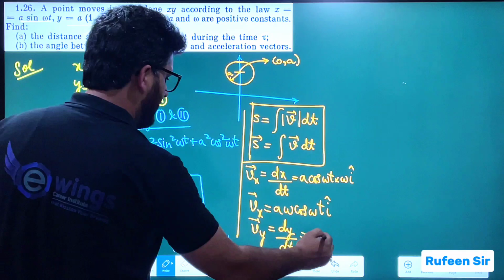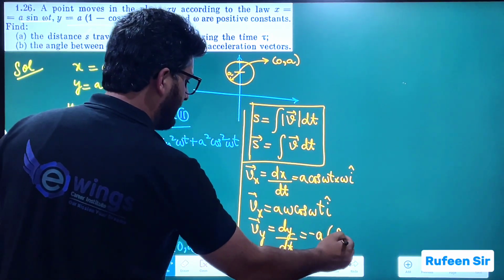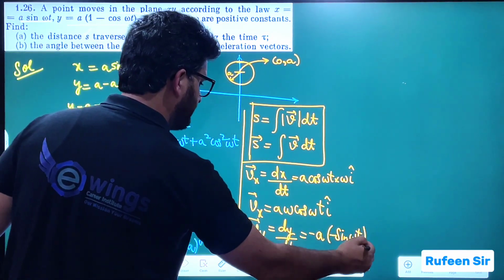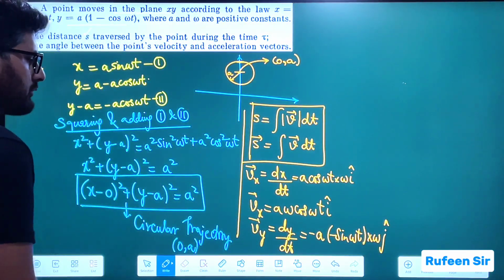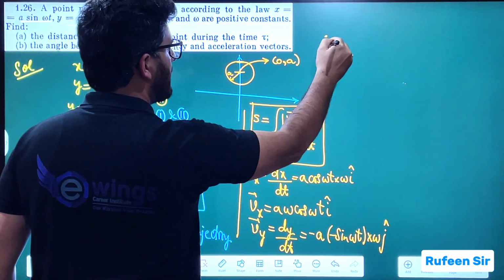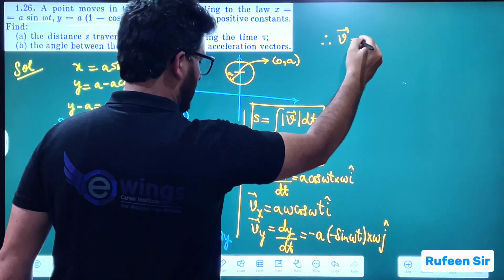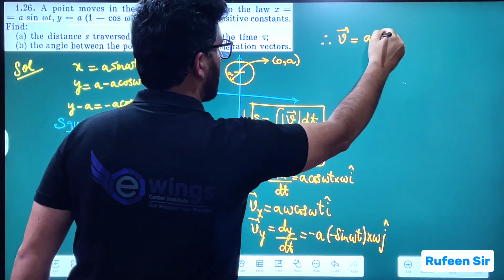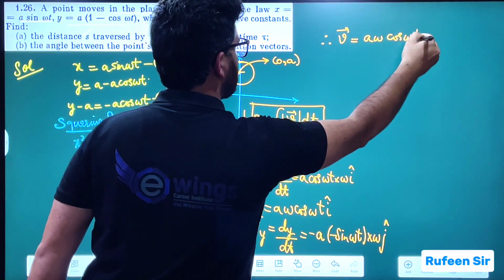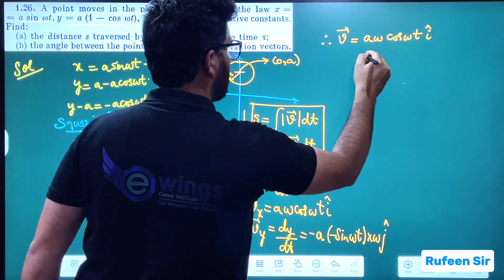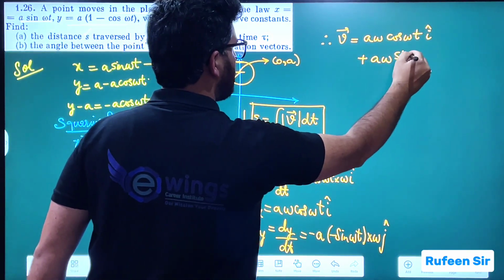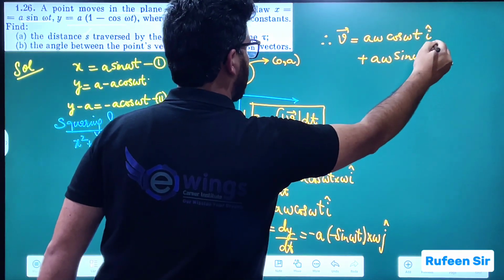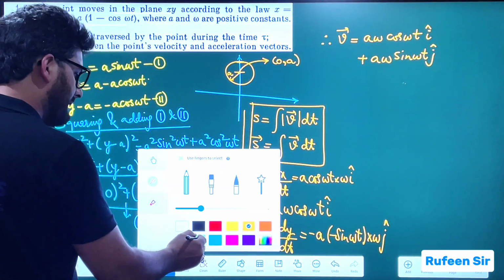It will be minus a cos omega t, whose derivative is minus sin omega t into omega, j cap. Therefore, what is the equation of velocity? The velocity vector will be a omega cos omega t i cap plus a omega sin omega t j cap. So for me, this is my velocity.